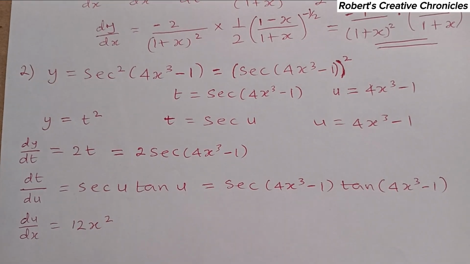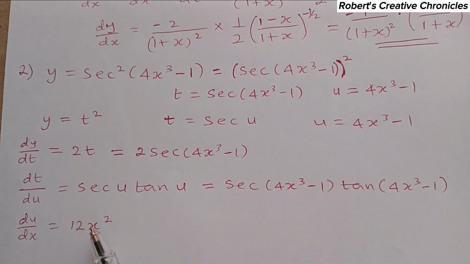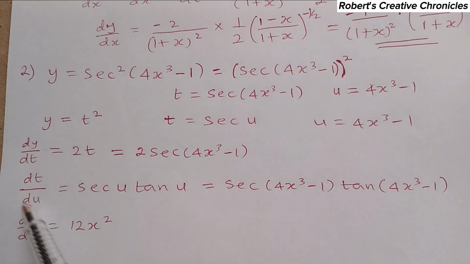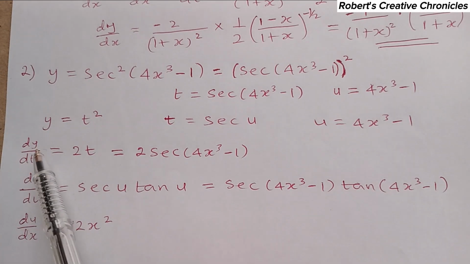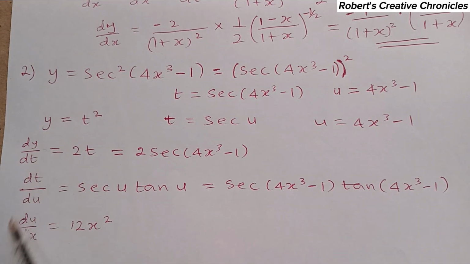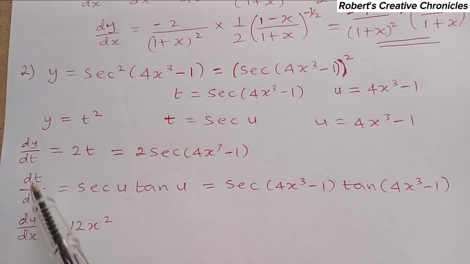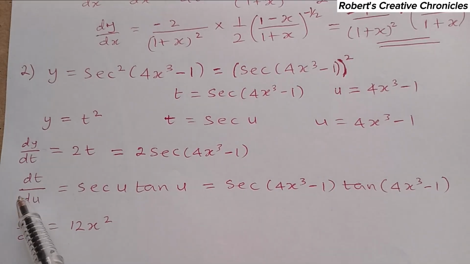So it's 12x squared. Now, we will use the chain rule to find the derivative. The chain rule will be this one times this one times this one. If you know dy over dt times dt over du, dt and dt will cancel, remaining du.